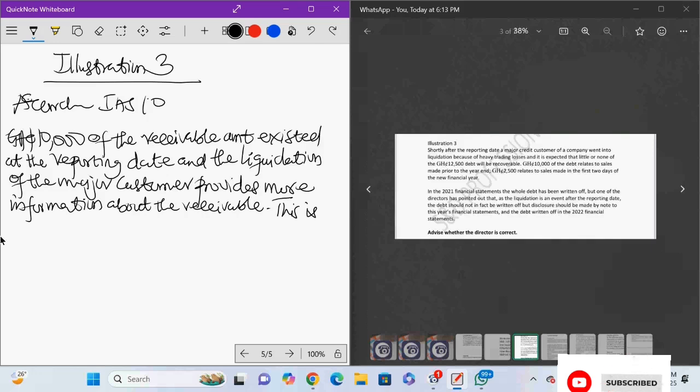This is therefore an adjusting event. It's therefore an adjusting event which would require the debt at the reporting date to be written off.